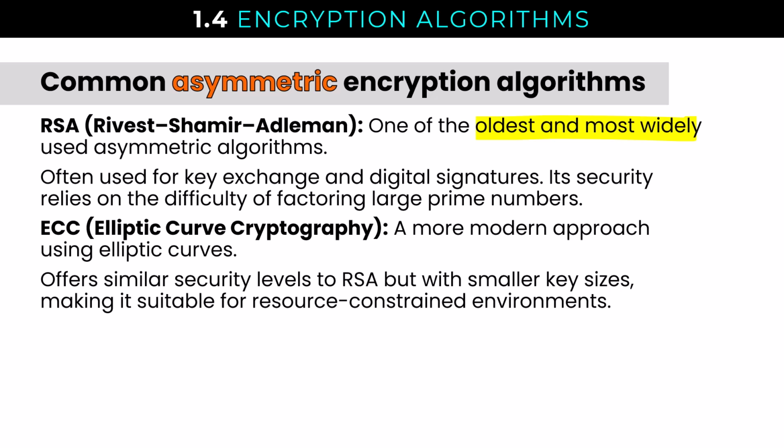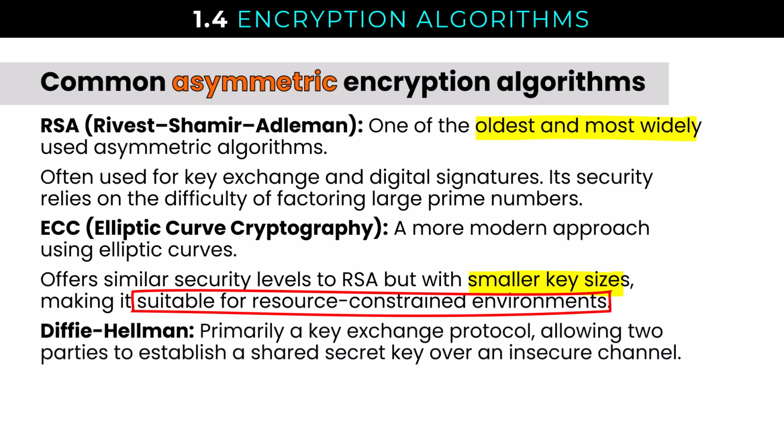It offers similar security levels to RSA, but with smaller key sizes, and that is the key element to remember with ECC. It makes ECC suitable for resource-constrained environments. Think IoT devices with limited memory and processing resources. We have Diffie-Hellman, primarily a key exchange protocol allowing 2 parties to establish a shared secret key over an insecure channel.